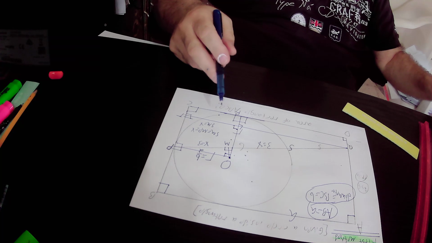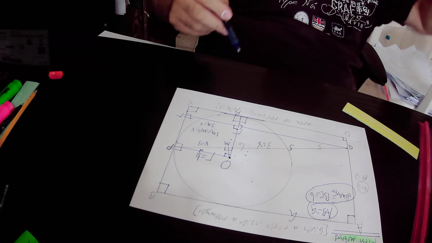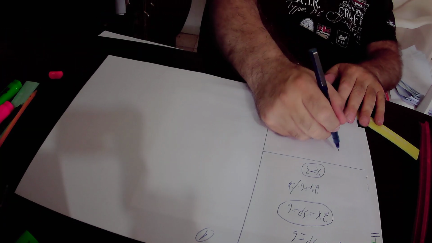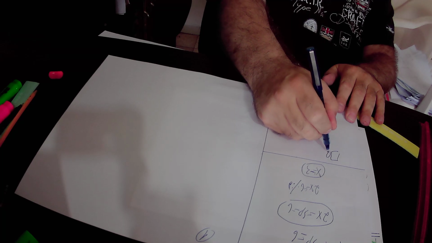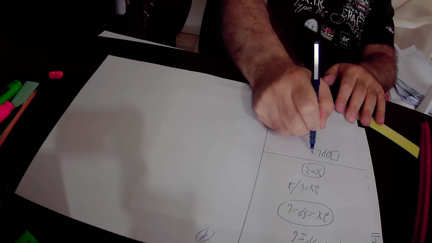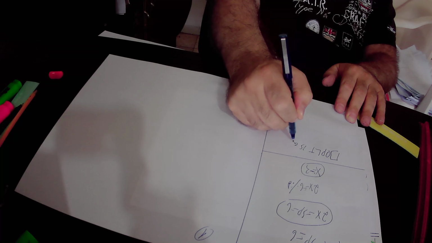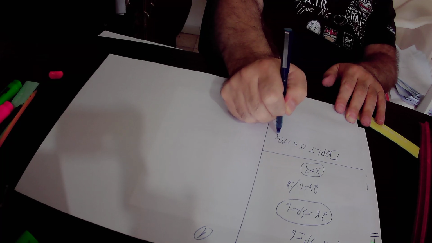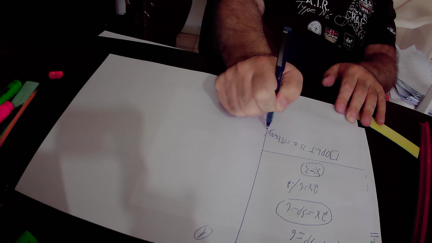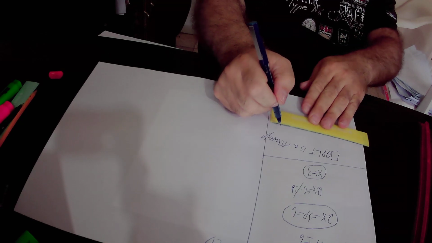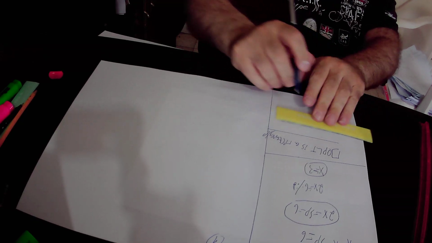So we relate to quadrilateral OPLT as a rectangle, because it has 4 right angles.